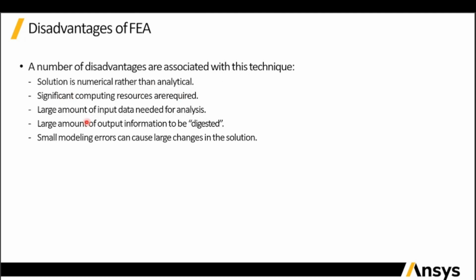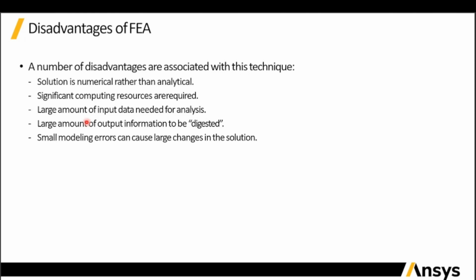Then, a large amount of input data is needed for analysis. Whenever you are doing any FEA problem, you should first understand the physics behind your problem. Only then would you be able to solve it. That's why it says a large amount of input data is needed.